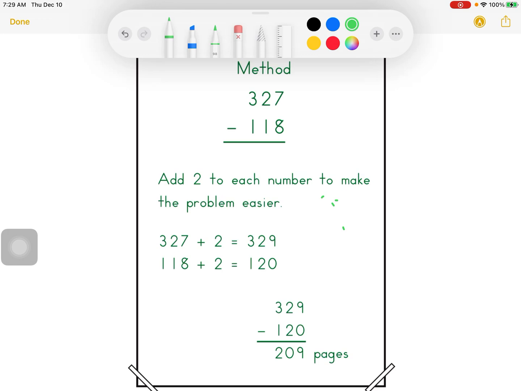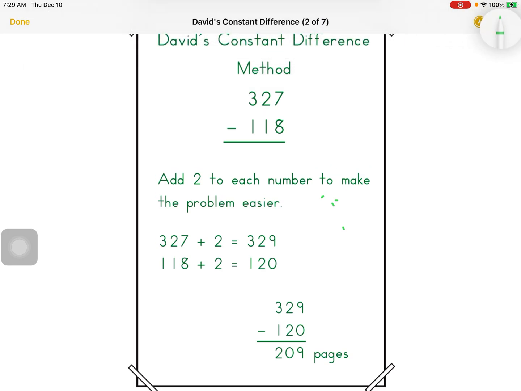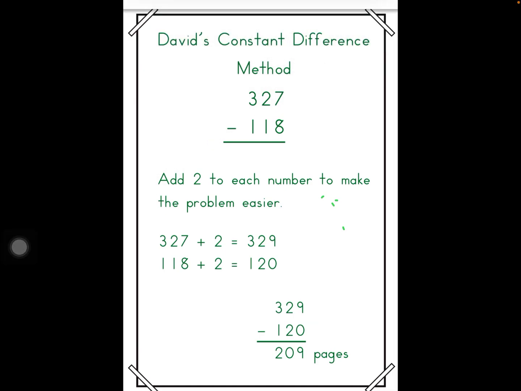One strategy we could look at would be David's. Here's David's constant difference method. David knew that 118 was real close to a friendly number. So he added 2 to it to get to 120.